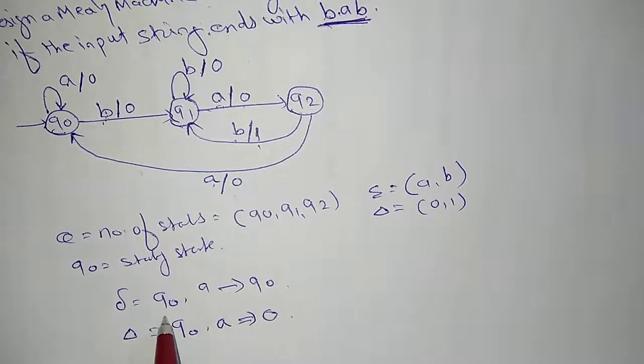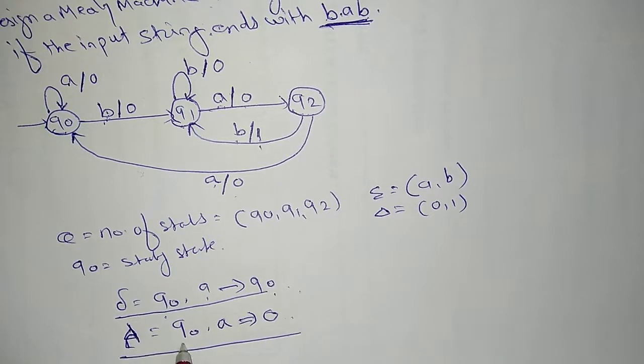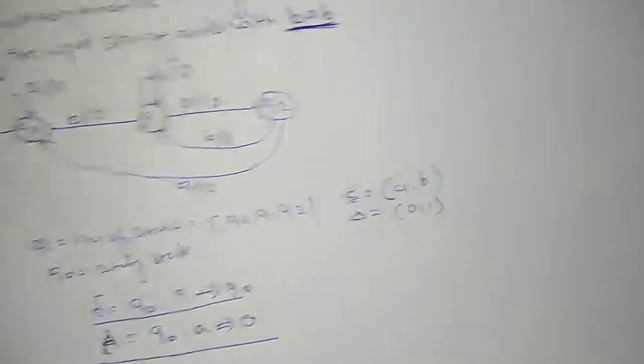So for Q0, whenever it takes A, it goes to Q1, that will be the delta, and this is lambda, the output function: lambda of Q0 after taking A gives 0.